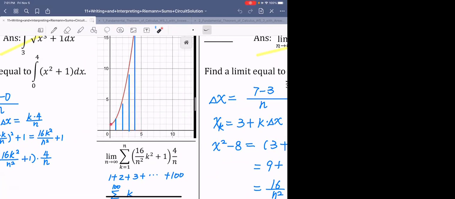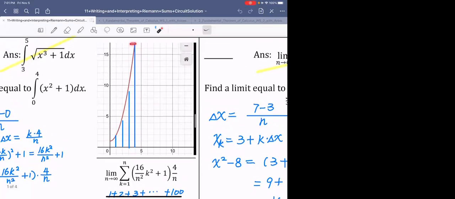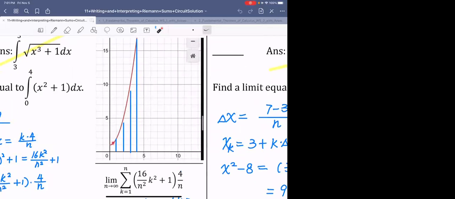If you choose the left Riemann sum, you will calculate those right angle areas. If you choose the right Riemann sum, you will do it this way. If you choose the midpoint Riemann sum, you're going to do it like this.